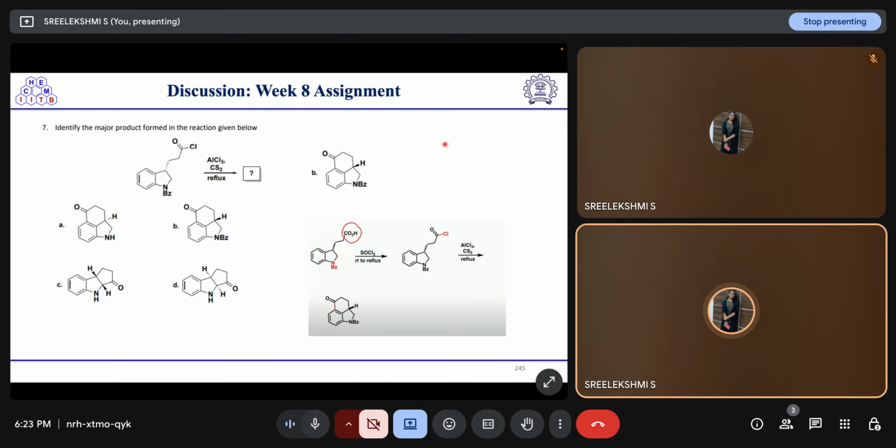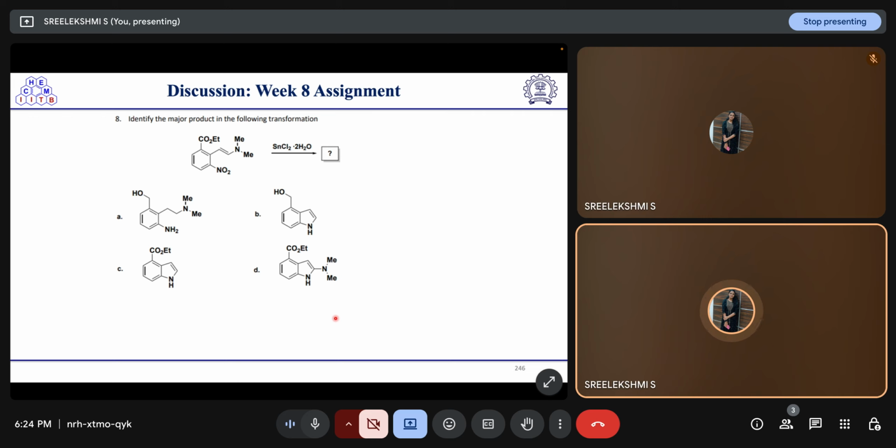So here, firstly, from this acid chloride, this is a Friedel-Crafts type of acylation reaction using aluminum chloride. So this group is attacking over this center, and chloride will leave to form this compound. So the correct answer is option B. This is an example of Friedel-Crafts acylation.